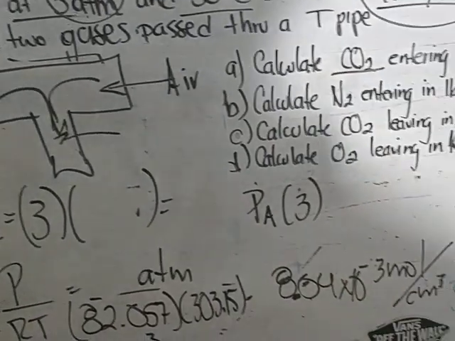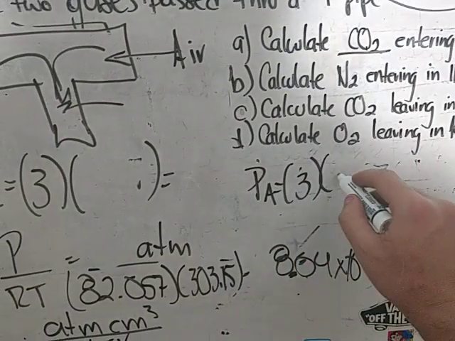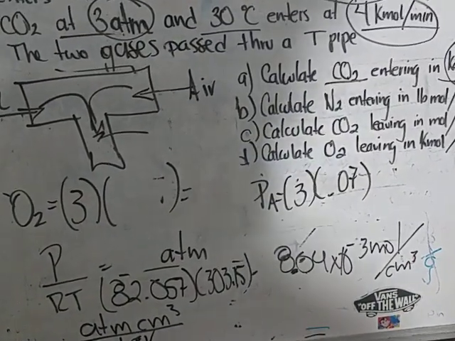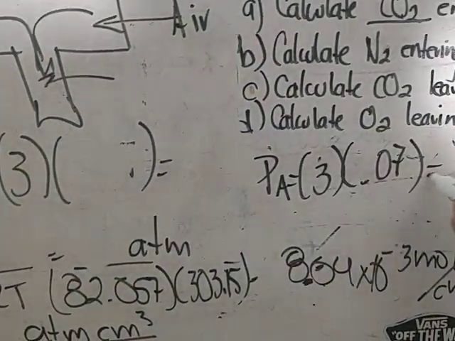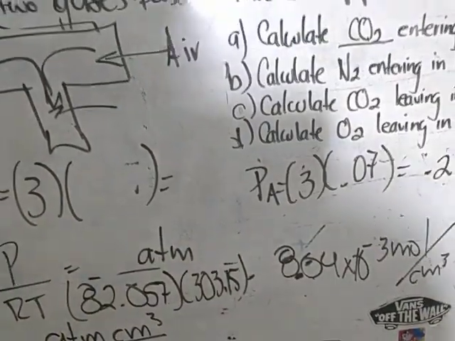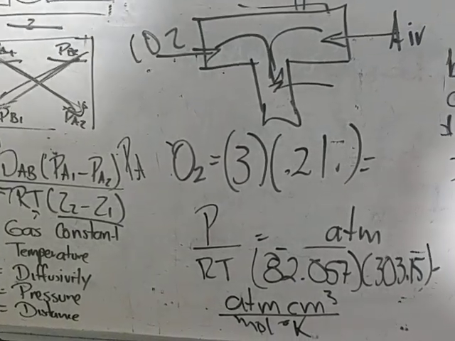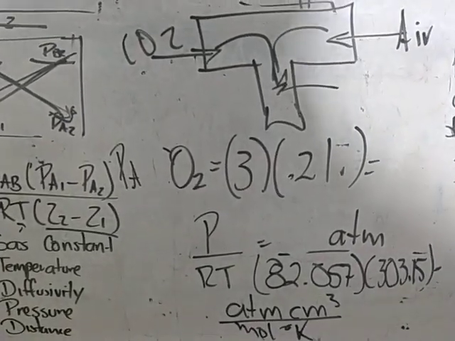The same pressure, but the fraction of oxygen was 0.07. So this result has a 0.21. This 0.21 is the one that we're going to substitute in here, giving us what?